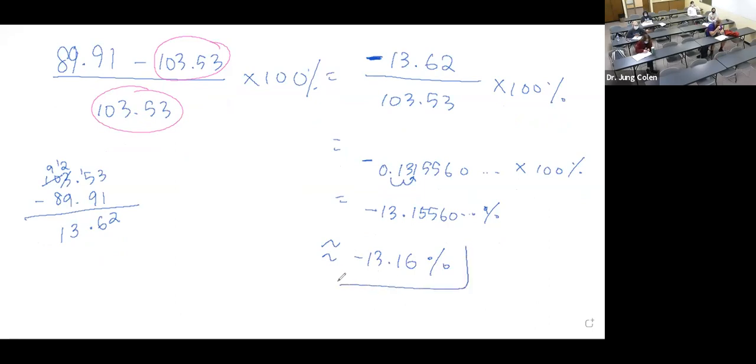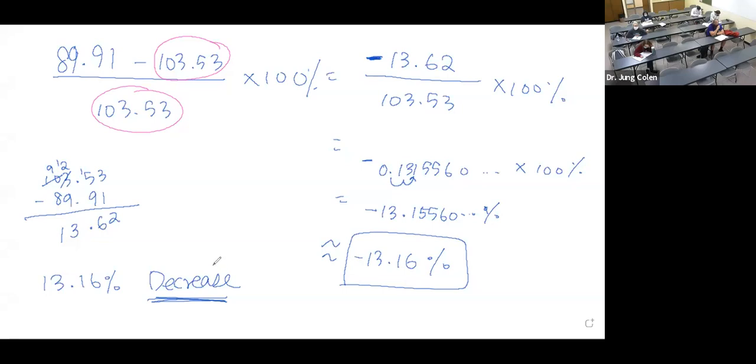You can write it as negative 13.16%, or in Word you can say, oh, that's 13.16% decrease. It's the same meaning. If you are saying decrease, that includes the negative meaning into it, right?